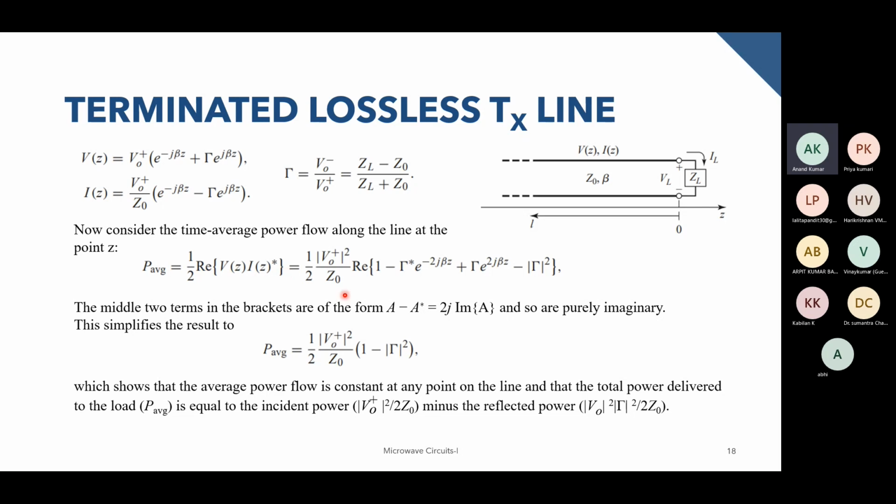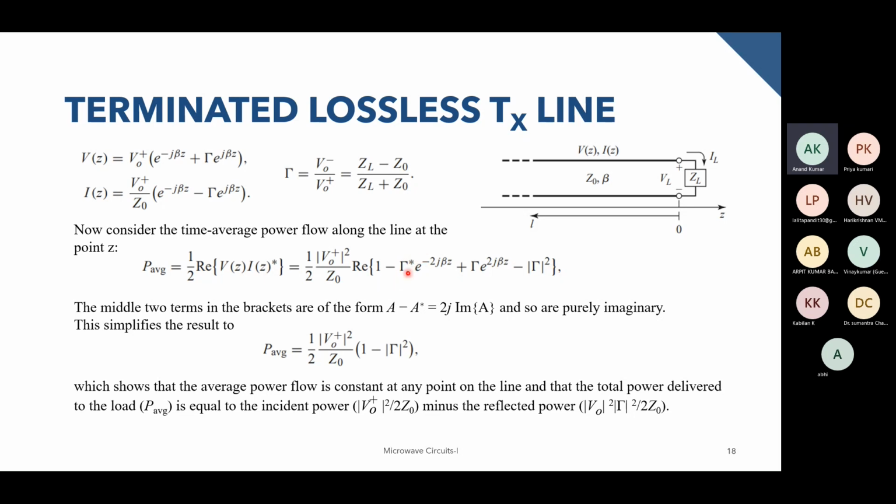Now that we have the solution in a very acceptable form, we try to find the average power inside the transmission line. This average power is given by half of the real part of V(z) times I(z) conjugate. Substituting the values of V(z) and I(z) and taking the conjugate, we get something like this, where we need to take only the real part of the term in the braces.